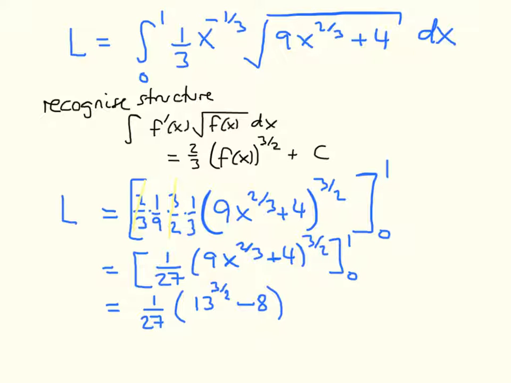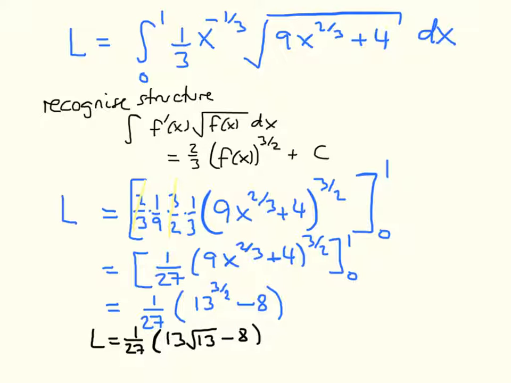We've closed the brackets there. So to conclude, what we have calculated is that the arc length we're looking for is 1 over 27, open brackets, and it is 13 times the square root of 13, that's 13 to the 3/2, minus 8.